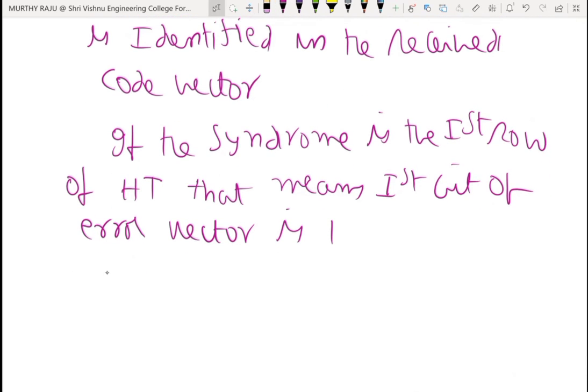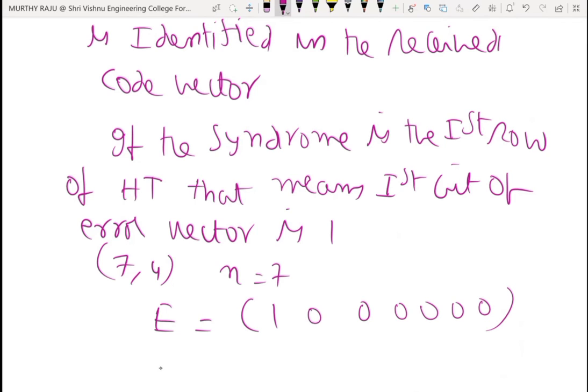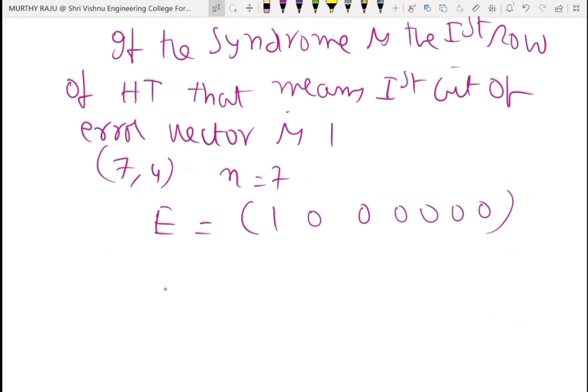The representation in the (7,4) cyclic code: n is equal to 7, so the error vector also contains 7 bits. Therefore, e is equal to 1 for the first bit, and the remaining are zeros. If the syndrome is the second row of H transpose, that means the second bit of the error vector is 1, that is 0, 1, 0, 0, 0, 0, 0.